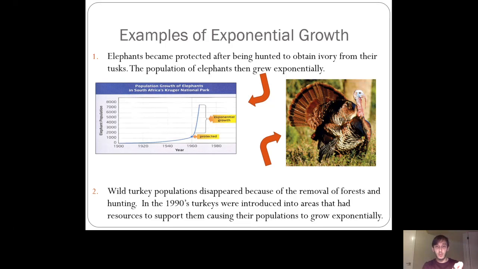And when they deliberately brought the turkeys to these areas that had forests and had resources, what they found is their populations grew exponentially as well. And that's not because we removed something, but because we introduced the turkeys into a habitat that had all the resources they needed to survive without our intervention. And so that population exploded exponentially.